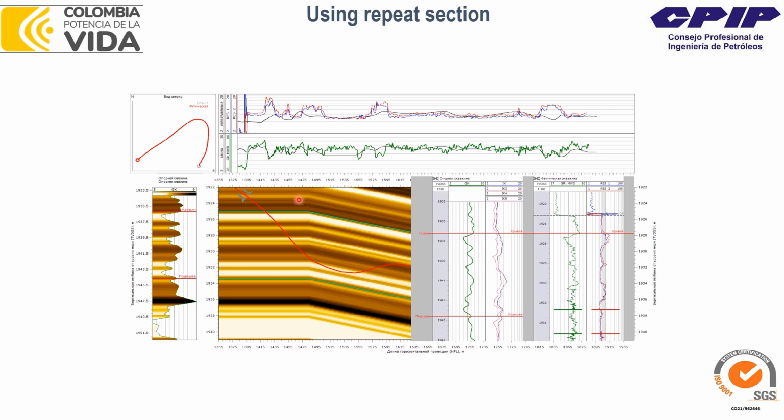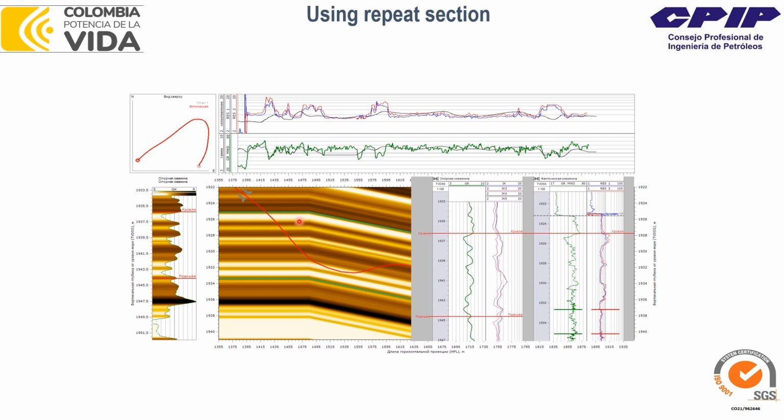Why don't we use this part of the well as a virtual or pilot hole, and correlate the well to itself, so we correlate the next parts of the well to each other?